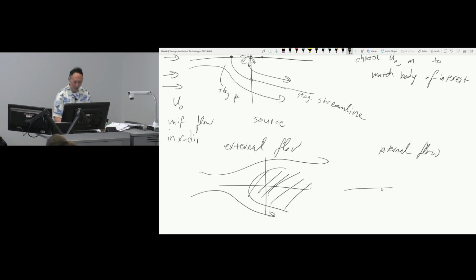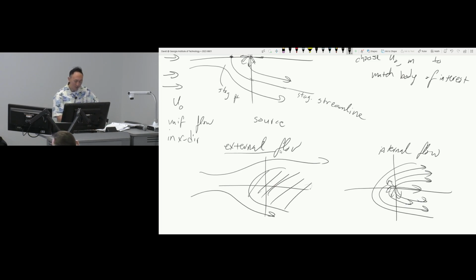Let's say you are at a duck pond, or those ponds that have the paddle boat things, and they'll have a little fountain here. Well, fluid can't go past the edge of the water, so if I have a fountain on the edge of the water, it's going to generate flow that looks like this. Okay. And these would be 2 separate problems you would study if you're trying to model the internal or external flow.